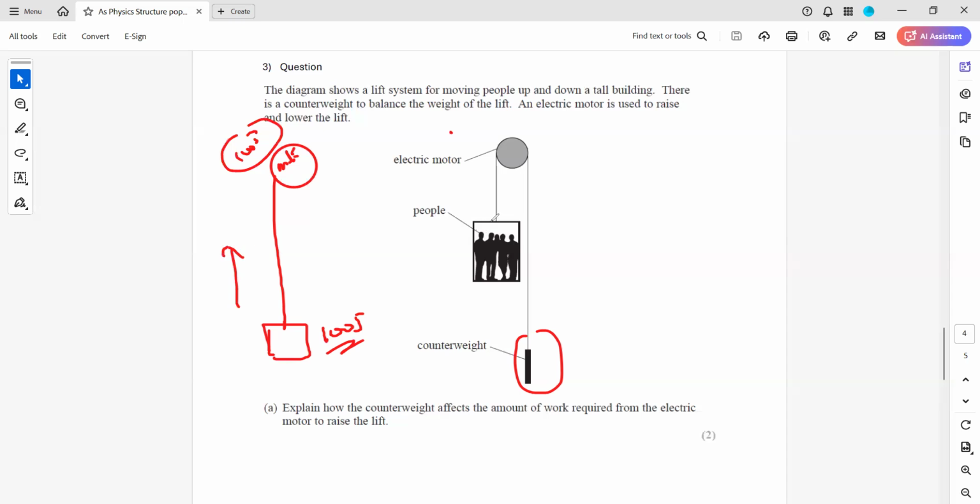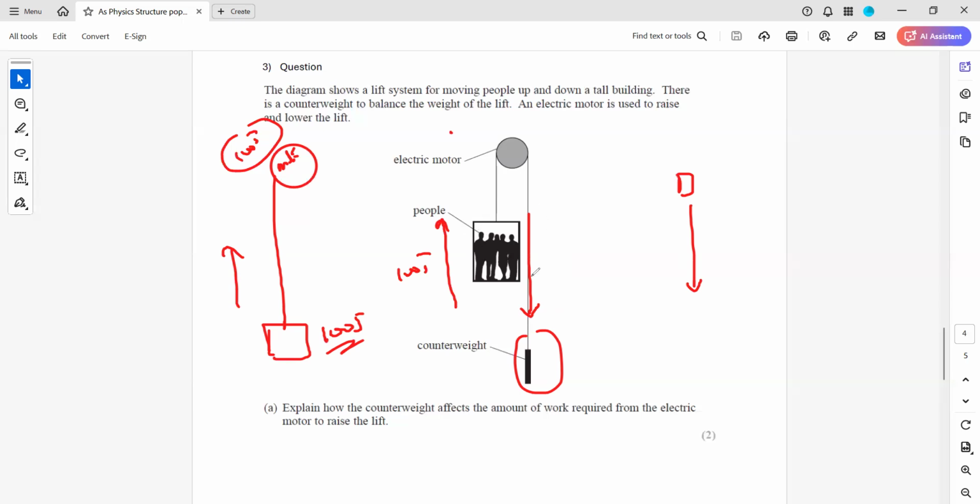But what is the advantage of a lift system with a counterweight? If we need 100 joules to move this upward, some of the energy is provided by the counterweight, because when the counterweight moves down, its gravitational potential energy will decrease, and that energy is taken by the lift.